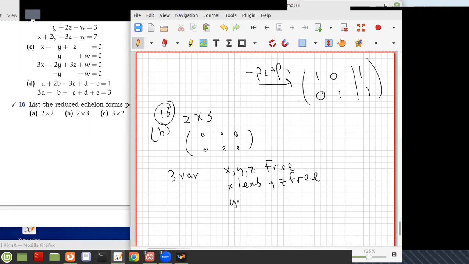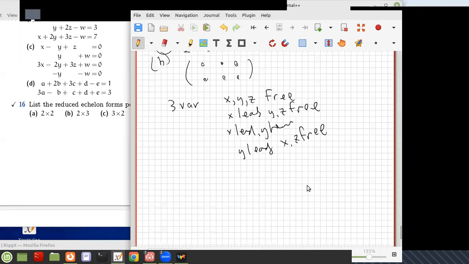Then you could have X leading, Y leading, right? Or you could just have Y leading, but not X leading, right? X and Z free. Okay, so we have sort of 1, 2, 3, 4.